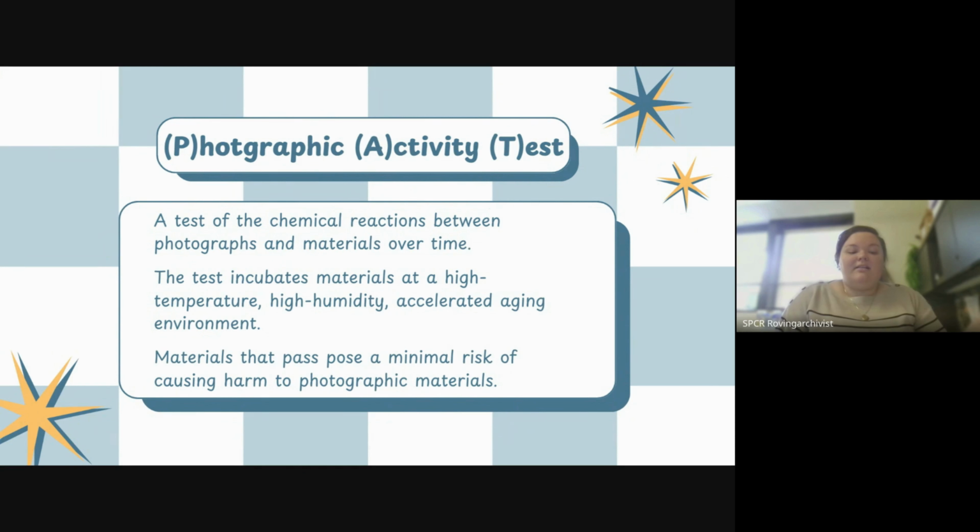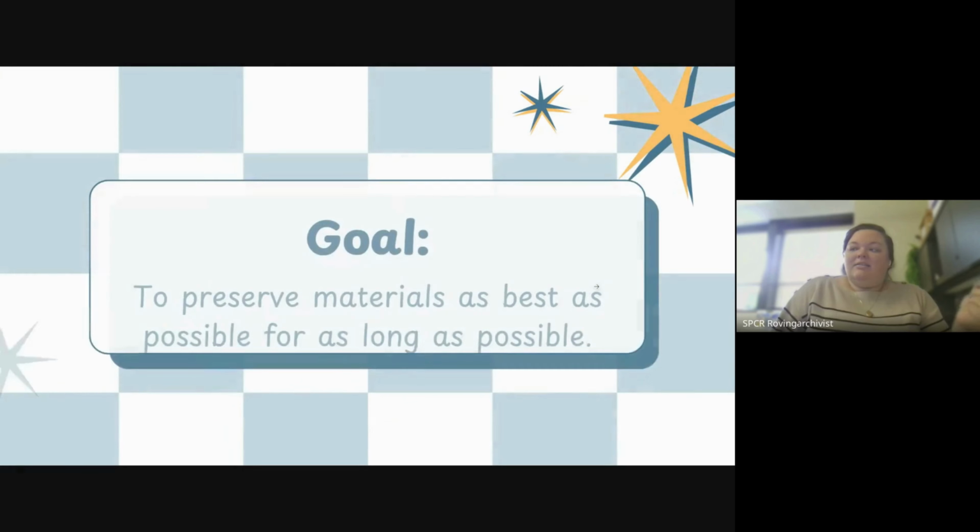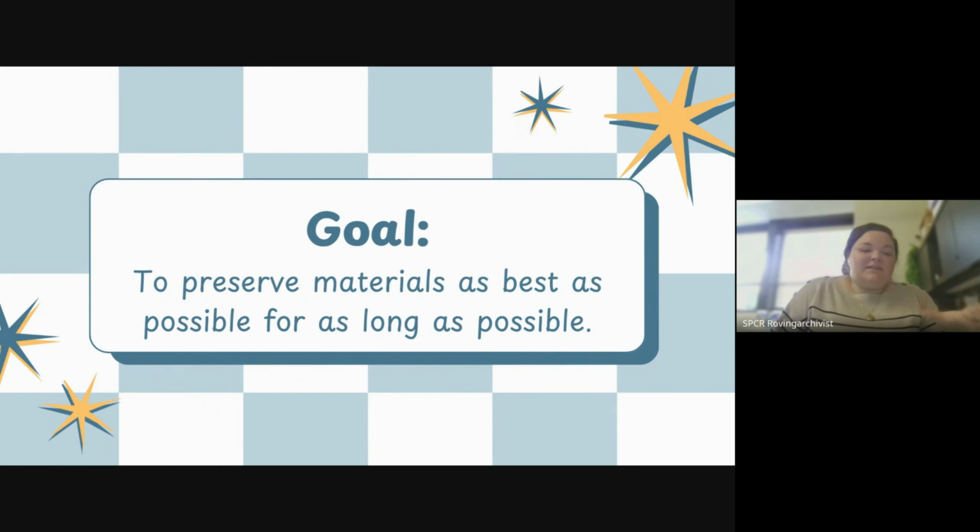So it's been found that materials that pass this PAT test pose minimal risks of causing harm to photographic materials, and therefore also paper materials within the boxes. And like I mentioned before, the goal is to ultimately preserve materials as best as possible for as long as possible.